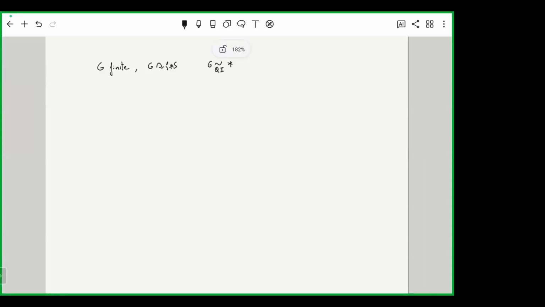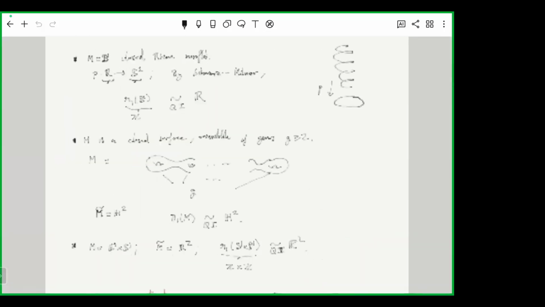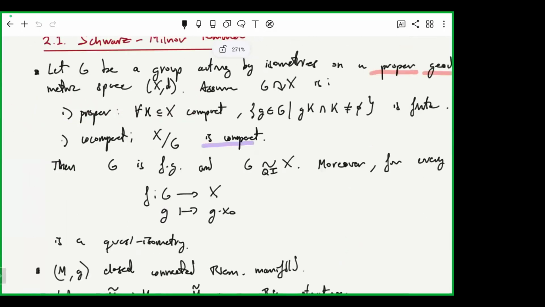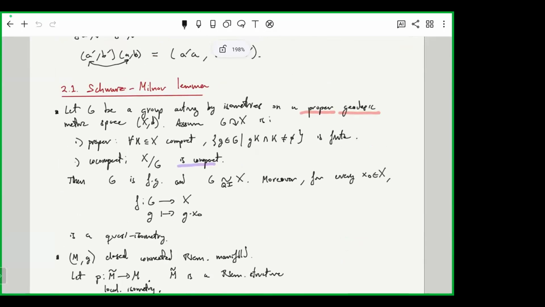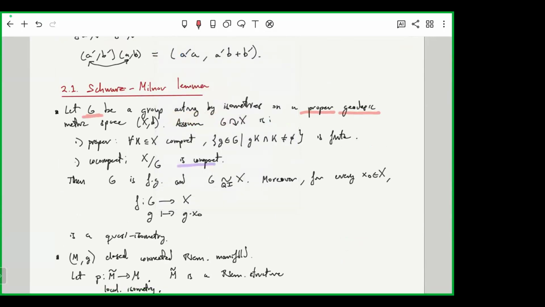Let's check it. For the properness, the trivial action would work in this case. I will apply this theorem in this specific case. Since G is finite, everything will happen.